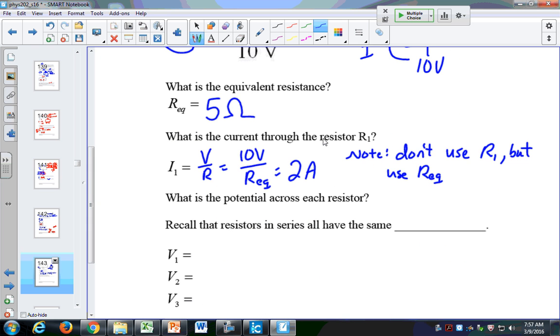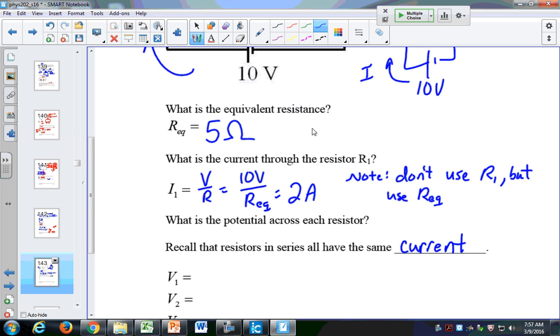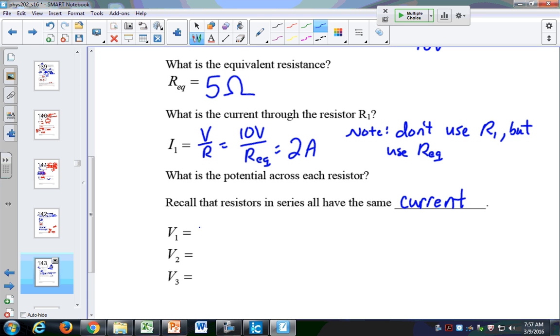All right, and then we want to know the voltage. Remember that resistors in series all have the same current. That's one of our rules. Resistors in series have the same current. Resistors in parallel instead have the same what? They have the same voltage, right. It's as if they're all hooked up to the same battery. And so since resistors in series have the same current, we can find the voltage across each just by using that current.